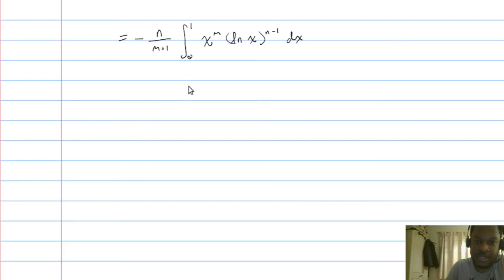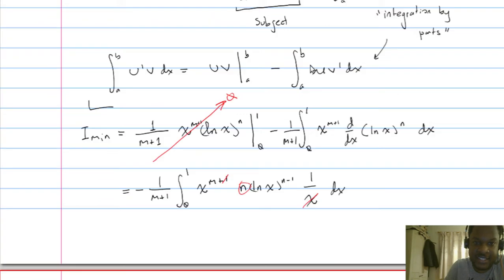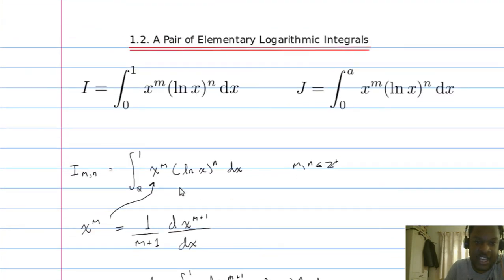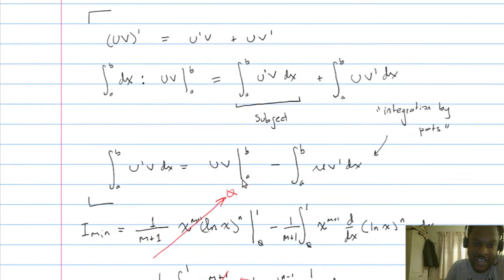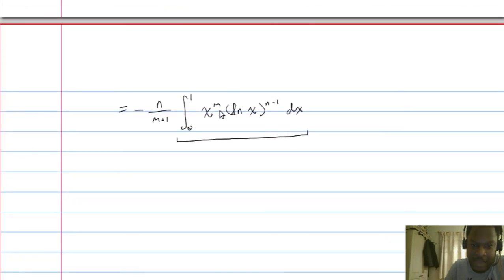Now this is important because I really want to compare this to our initial integral. I called our initial integral I_mn because it depended on the indices m and n, but this seems to be the same integral as if we indexed it with m and n minus 1.